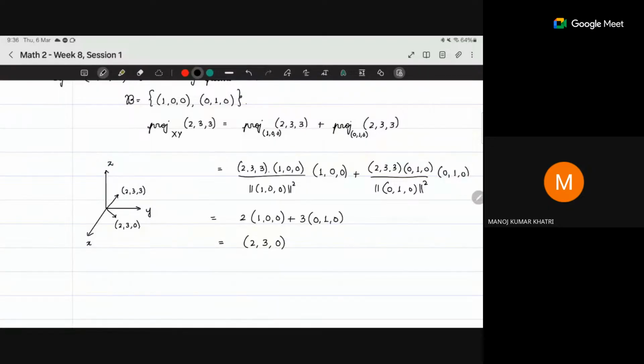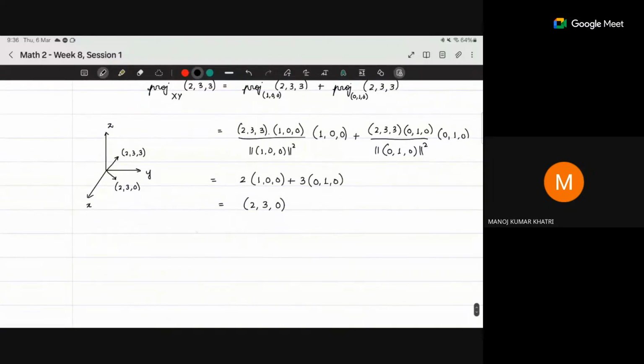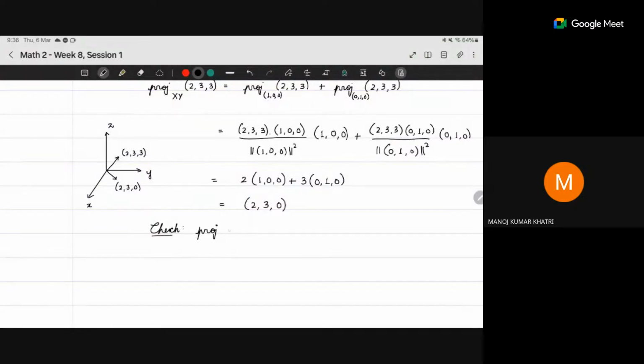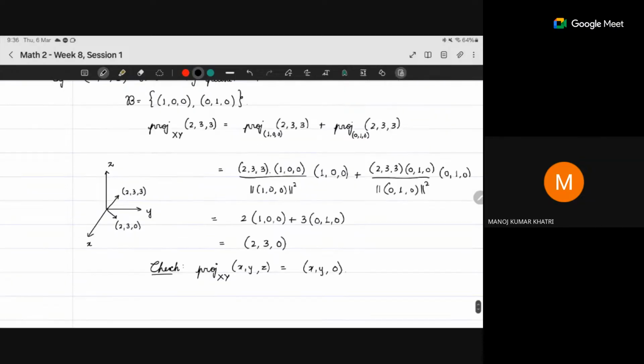Only the z component becomes 0. You can check that the projection of (x, y, z) onto the xy plane is just (x, y, 0), which agrees with our intuitive understanding of projection being the shadow of the vector onto the space.